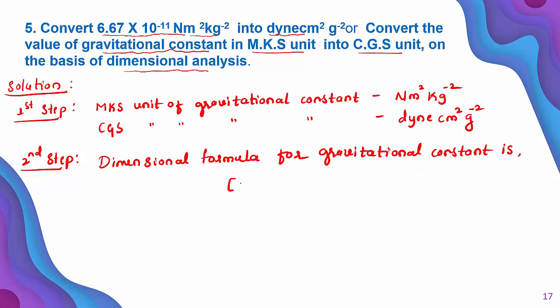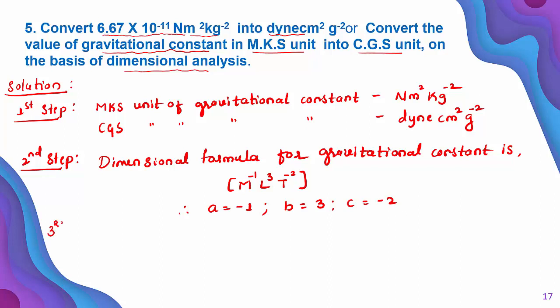That is M raised to minus 1, L raised to 3, T raised to minus 2. So this is the dimensional formula, and the values of a, b, c will be a equal to minus 1, b equal to 3 and c equal to minus 2. Now we got the values of a, b and c.